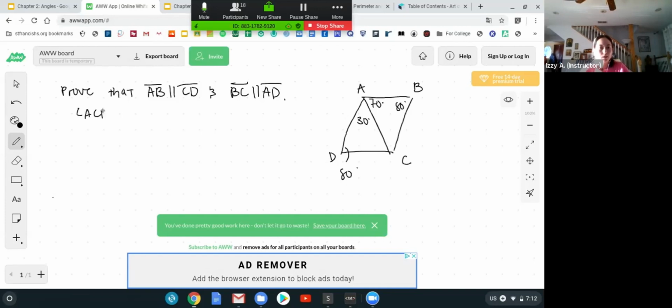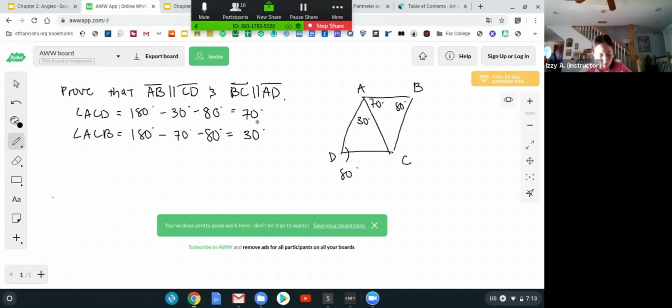ACD is going to be equal to 180 minus 30 minus 80, and that is going to be 70 degrees. And then if we do the same for angle ACB, we would do 180 minus 70 minus 80, which is going to be 30 degrees.